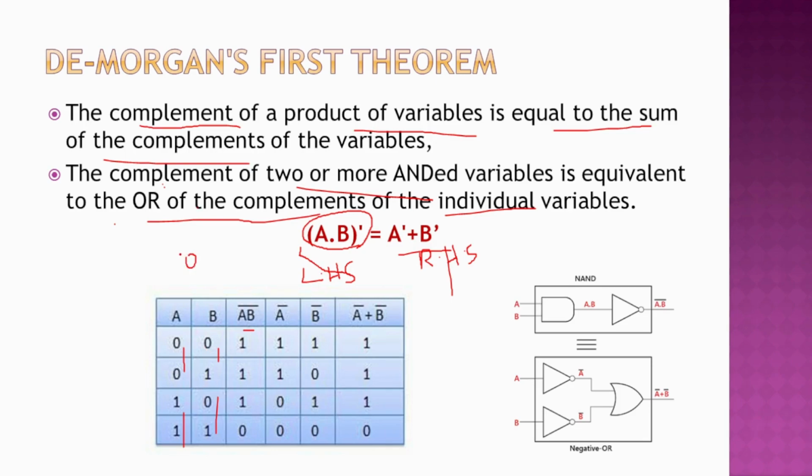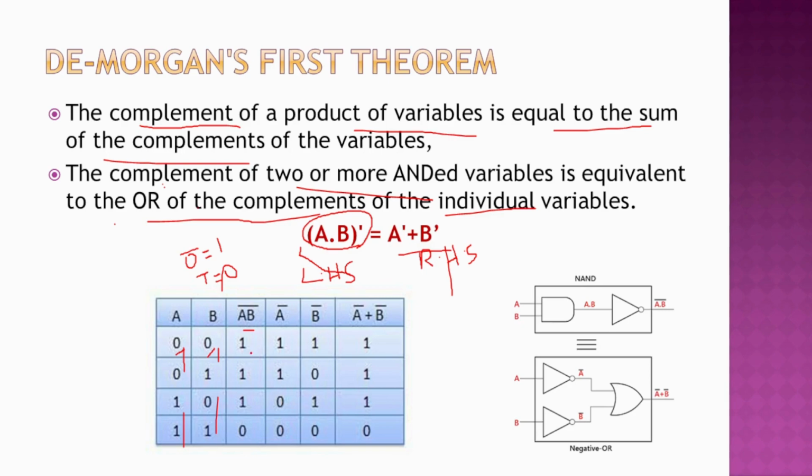Complement of 0 is 1 and the complement of 1 is 0. If we give 0 as input for A and 0 as input for B, 0 into 0 is 0. So you need to give a complement for the 0 value as 1.